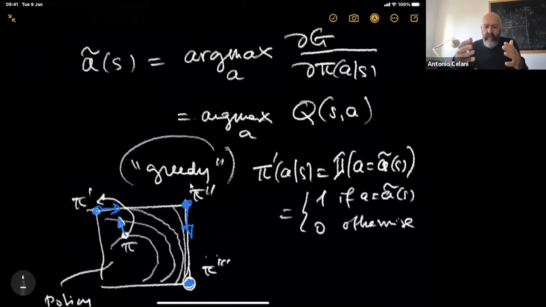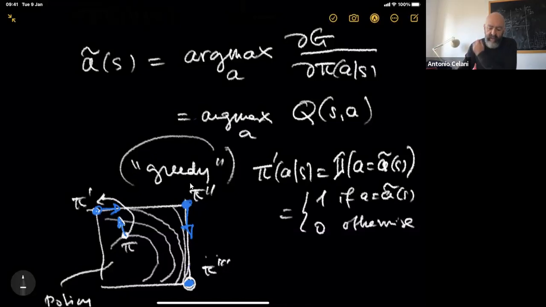So this idea of policy iteration in a nutshell is: compute the gradient, then go to the corner where your largest component of the gradient sends you, then recompute the gradient from that corner, go to the corner you are directed to, and so on and so forth.